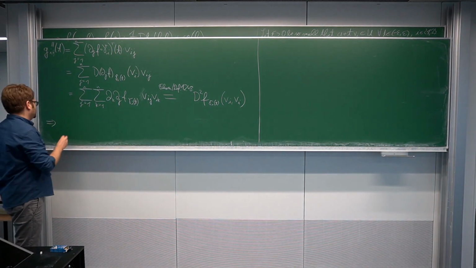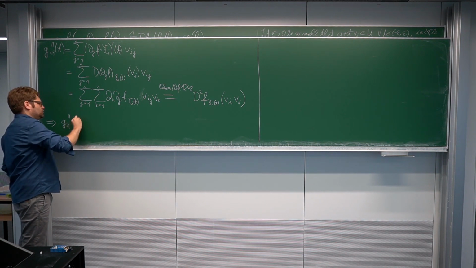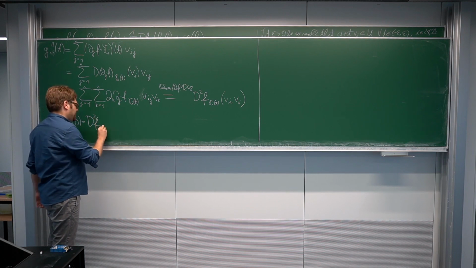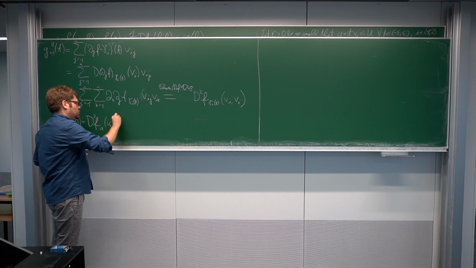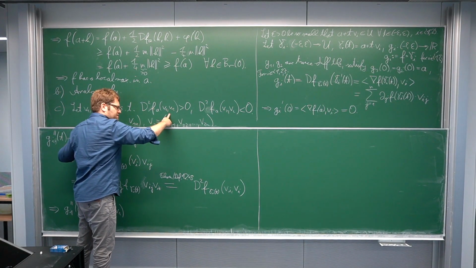Okay, so this is what we've computed now, but this particularly means, so we wanted to discuss the term t equals 0. This means that g1 double prime in 0 is d2f in the point a, which is gamma 1 of 0, of v1, but we've just chosen these vectors such that this is positive.